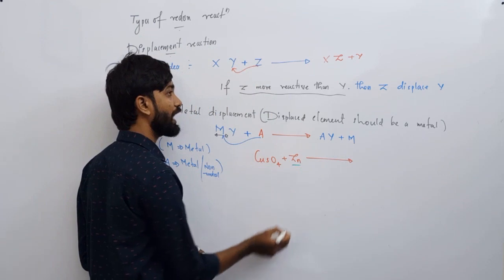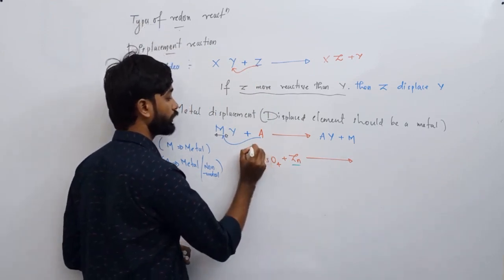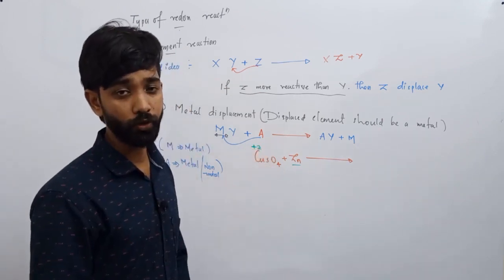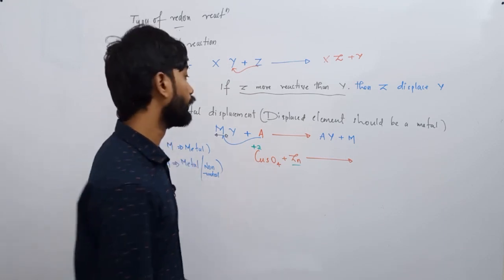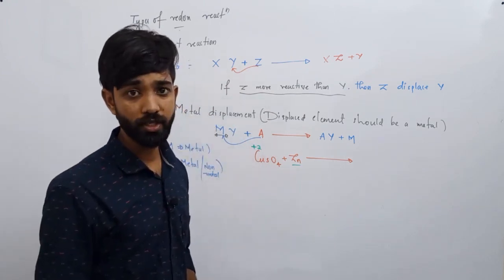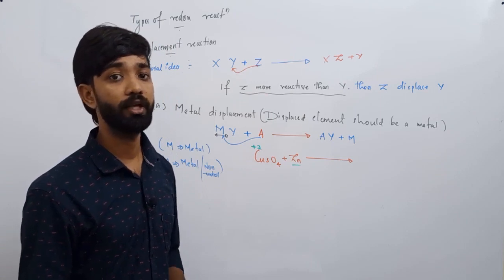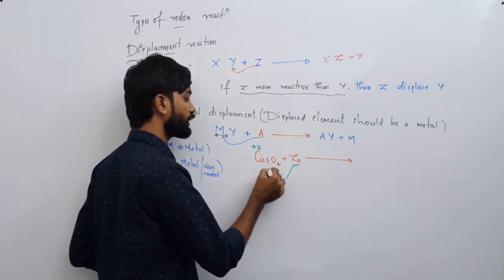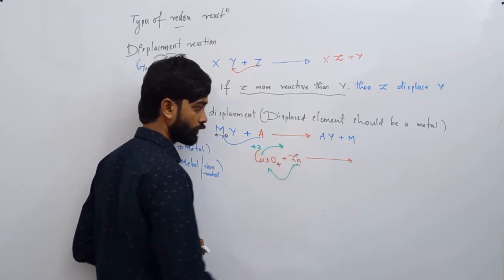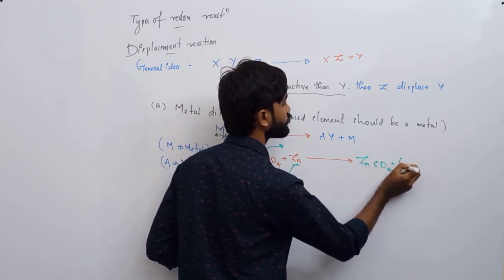Zinc is a metal which has greater tendency to lose electron than copper. Here in this compound, copper is in the electron lost form, or the oxidized form, but zinc has more tendency to lose electron than copper. So zinc loses electron and is able to displace copper. It becomes ZnSO4 plus Cu.